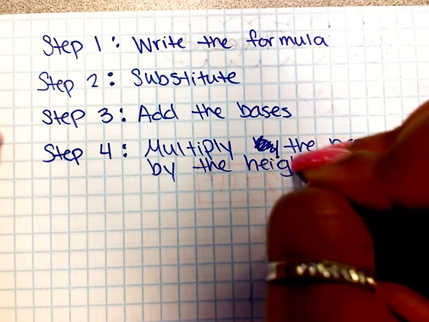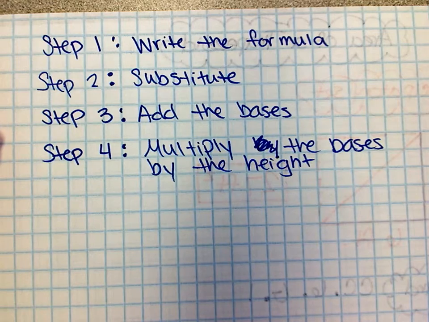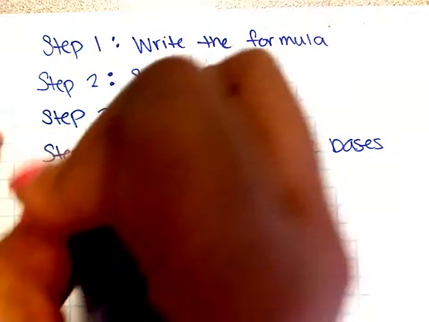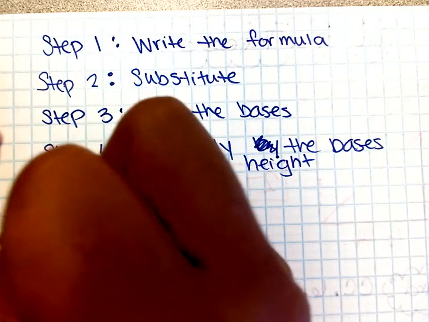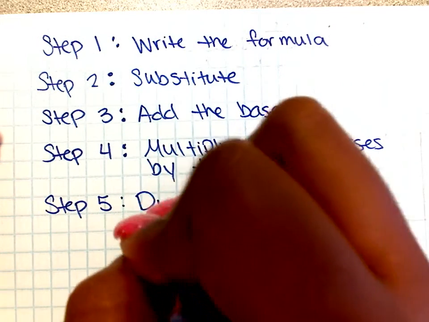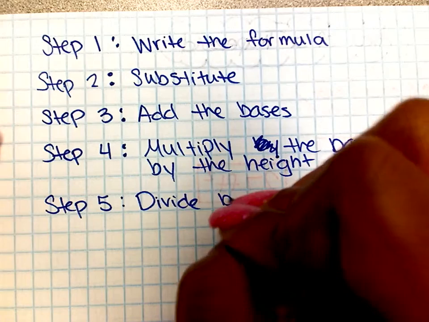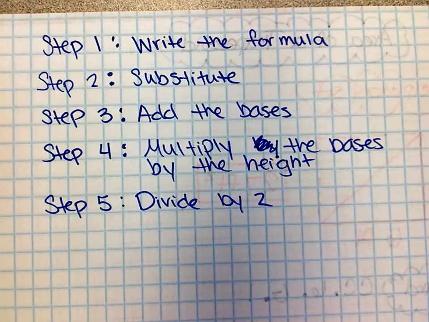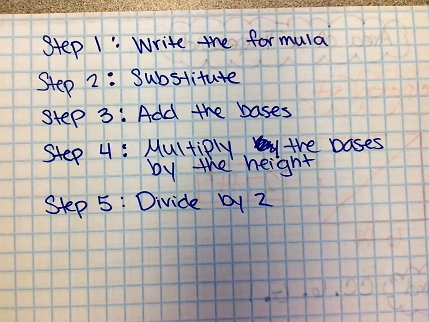So yesterday we just did base times height. You just have to add the bases before you do that. And the last step will be to divide by 2. So the only other extra thing we're doing is adding the bases first. So you write the formula, substitute in the numbers, you just add the bases together, multiply by the height, divide by 2.